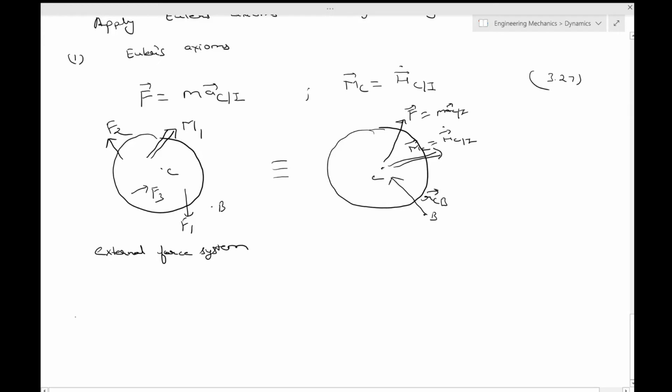We also know that the external force system, this one, is the equivalent system at C. This external force system can also be written as a kinetic system.